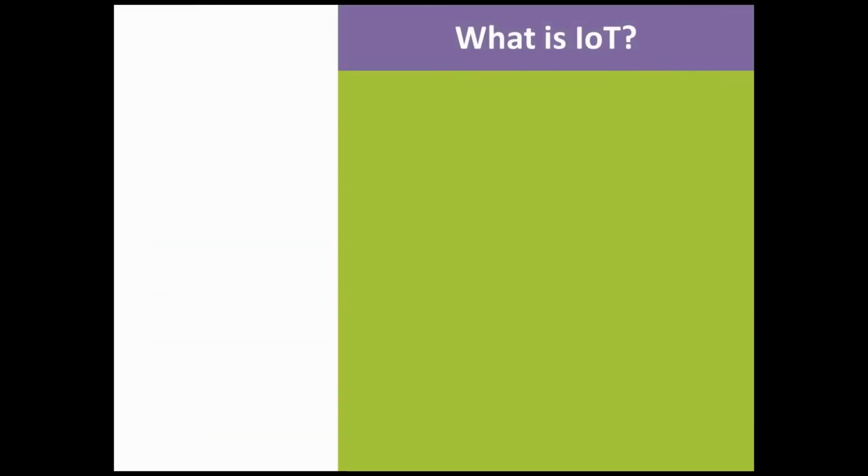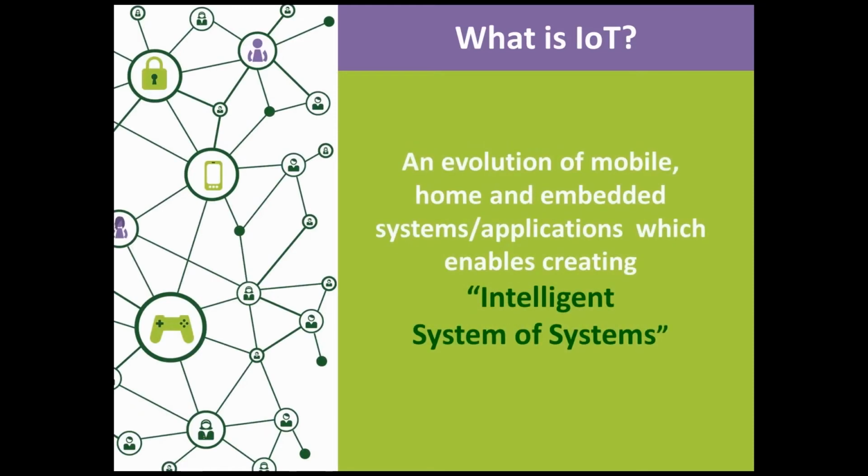Alright, by now you might have heard the term IoT a lot, I guess. This is one of the quotes I found. IoT is an evolution of mobile, home and embedded systems that are connected to the internet, integrating greater compute capabilities and using data analytics to extract meaningful information. So, billions of devices will be connected to the internet.